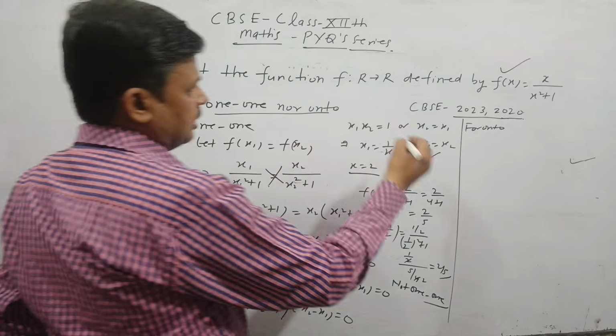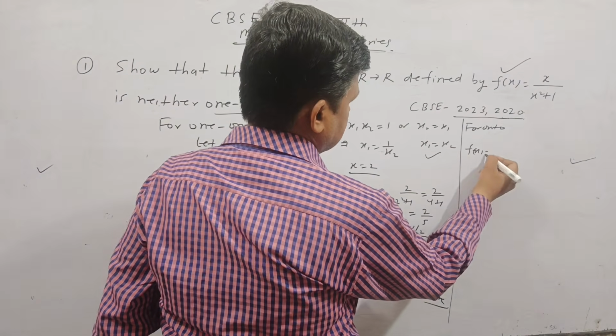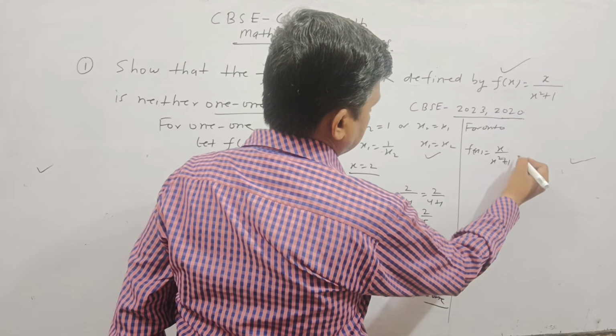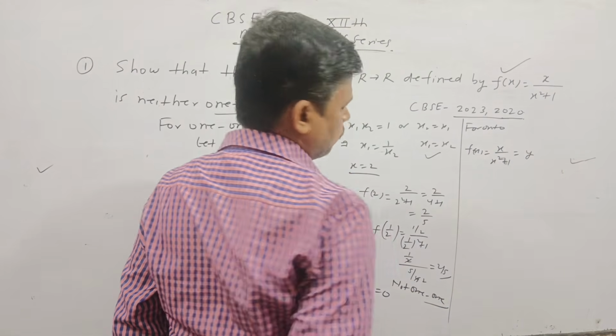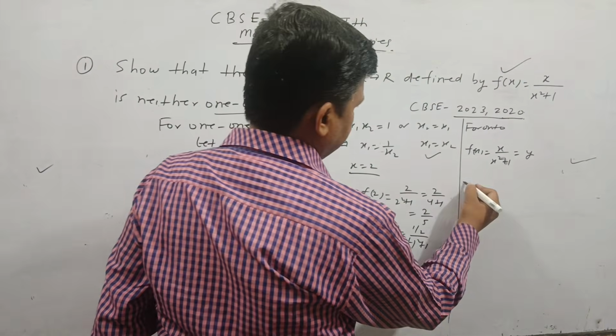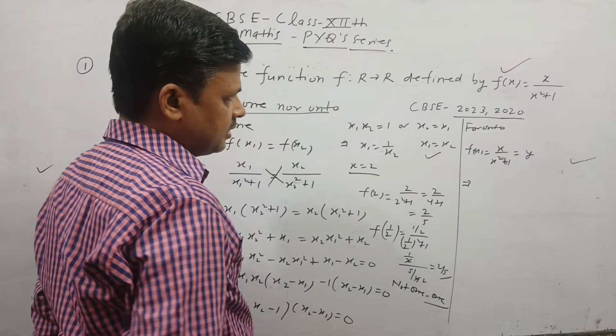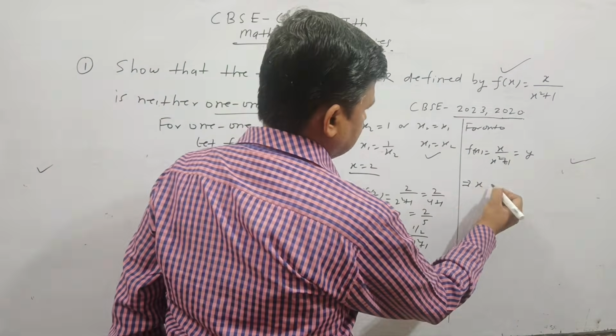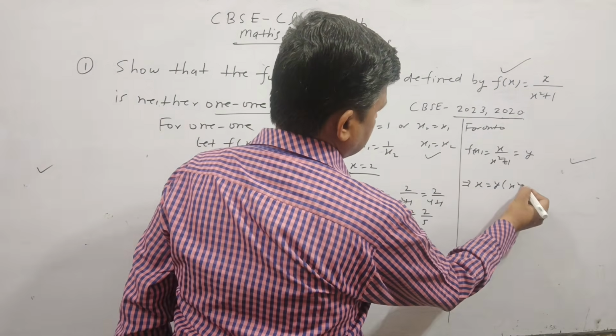We have to take f(x) is equal to x upon x square plus 1. Let it be equal to y. So what will happen? We will solve for x. So x is equal to y (x square plus 1).